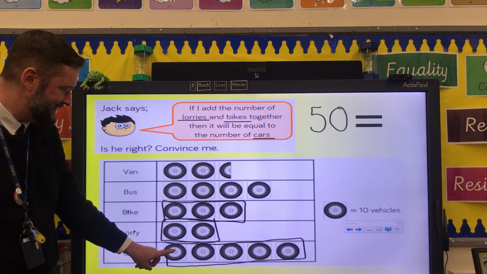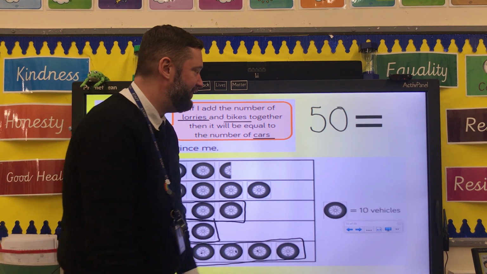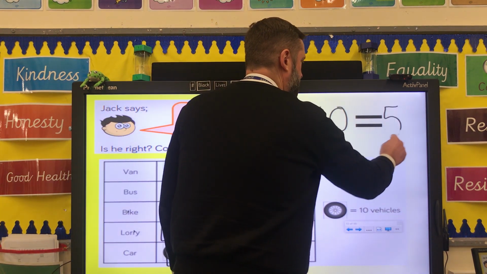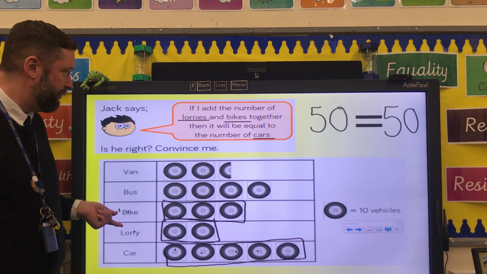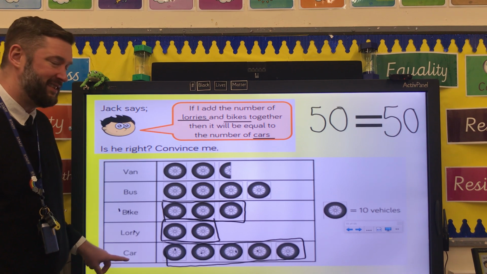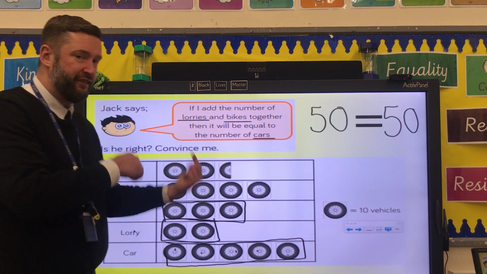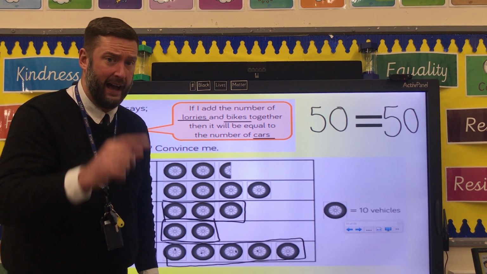Let's count. 10, 20, 30, 40, 50. Well done, Jack. The number of bikes and lorries together is the same as the number of cars. You've got a question like that to do today. Quite tricky, but have a go.